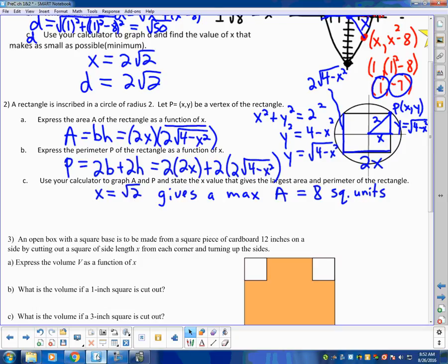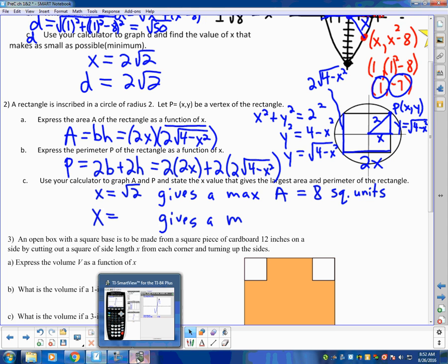What about perimeter here? X equals something gives a max or min perimeter. Let's see what it does here. We might want to draw first before we declare it. So let's see if I can remember the formula here.